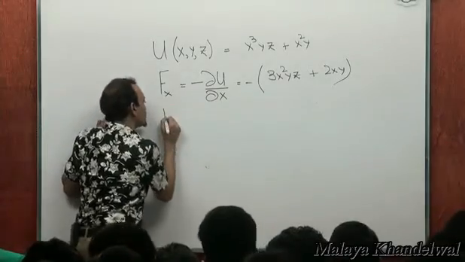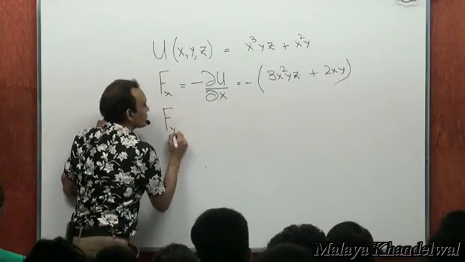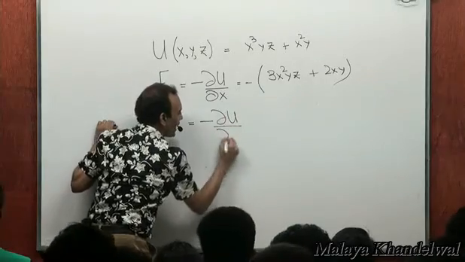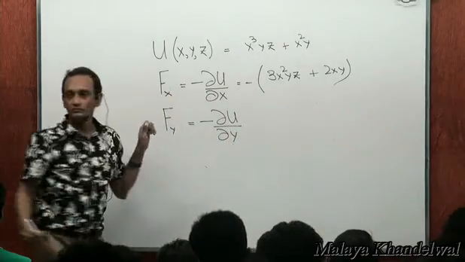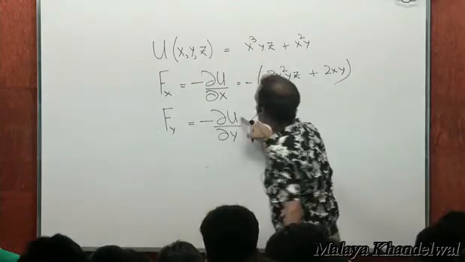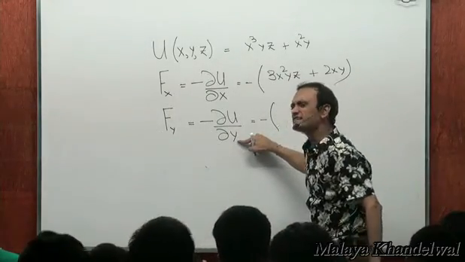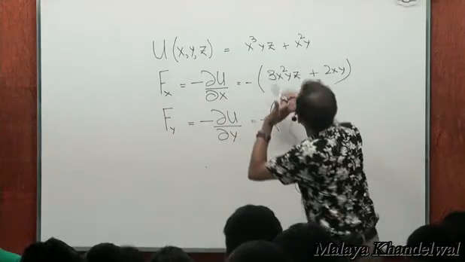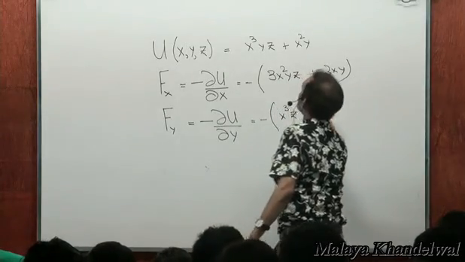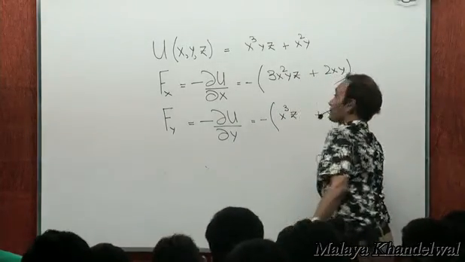The y component of the force at any x, y, z will be obtained by minus ∂u/∂y. That means differentiating with respect to y as if x and z are constants. So you get minus x cubed z plus x squared.